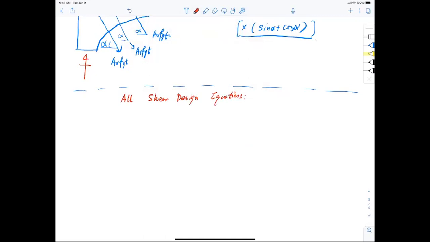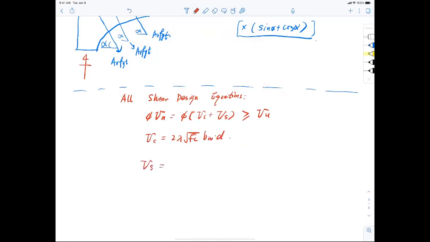So at this point, look, Vn, or should I say phi Vn, equal to phi Vc plus Vs, and this has to be greater than or equal to Vu, and Vc equal to 2 lambda square root f'c bw d.